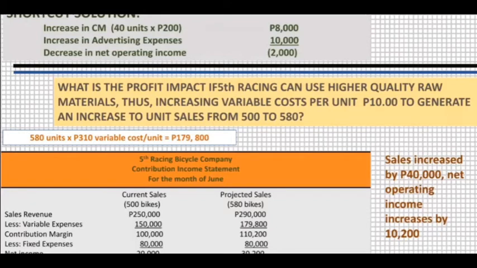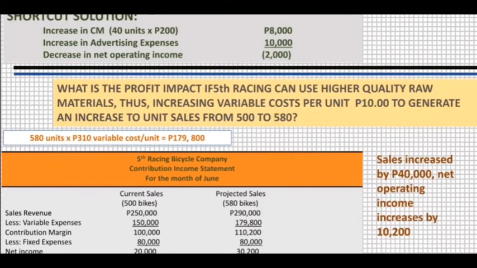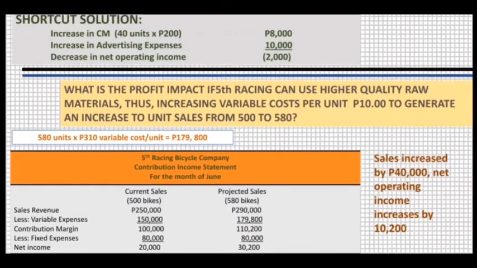Fifth Racing Bicycle Company, contribution income statement for the month of June. For current sales, we have sales revenue of 250,000, less variable expenses of 150,000, contribution margin of 100,000, less fixed expenses 80,000 equals net income of 20,000.